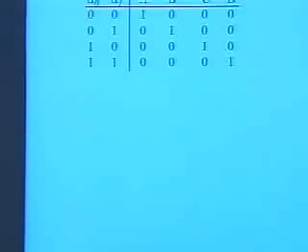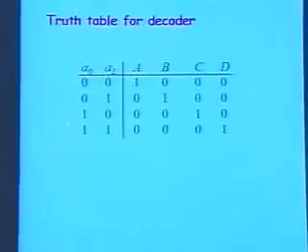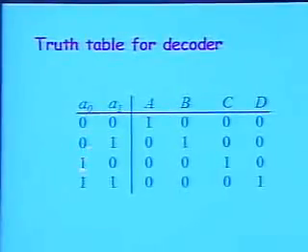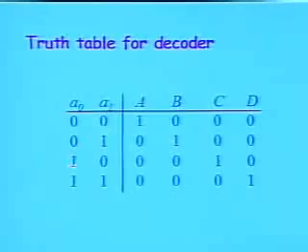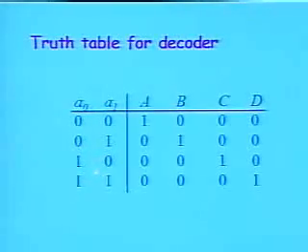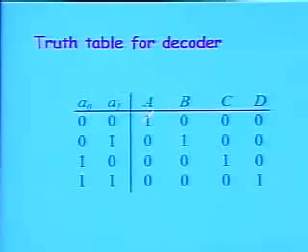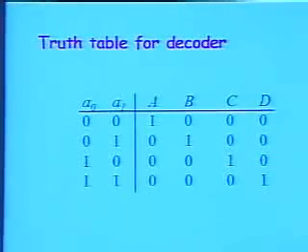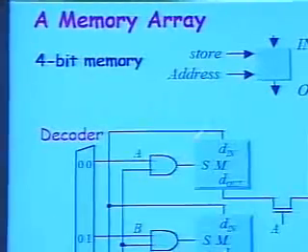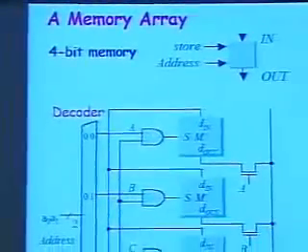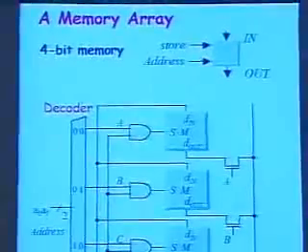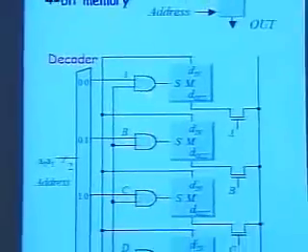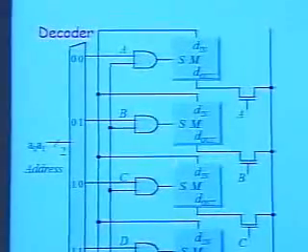Let's look at the truth table. This is the truth table for the decoder. As you can see, depending on the address that I have here, this is 0, 1, 2, and 3 in binary, only A, B, C, or D is high, which means that this AND operation only allows the input that is presented to all of the cells, but that is going through the AND gate here, to appear at the output.